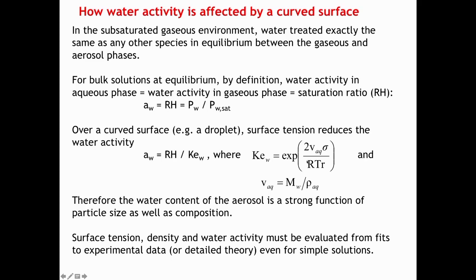And the Kelvin term has the radius of a particle, something called the partial molecular volume, so that's the molar mass divided by the density, the surface tension, and RT. So it says that the smaller the particle, the higher the curvature, and the higher the Kelvin term. So the smaller the particle, the higher the Kelvin term, and the lower the water activity.